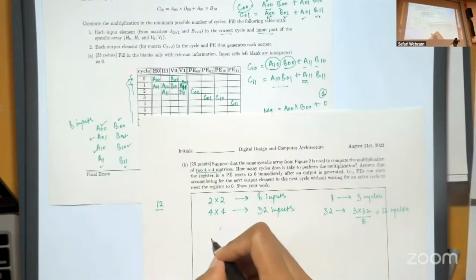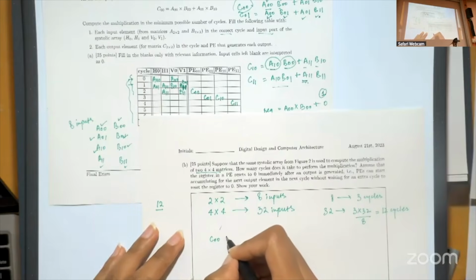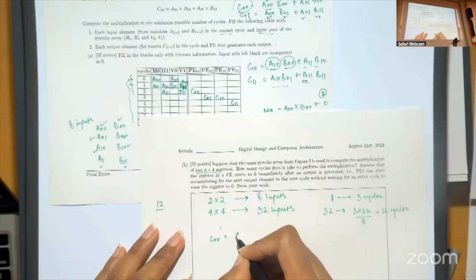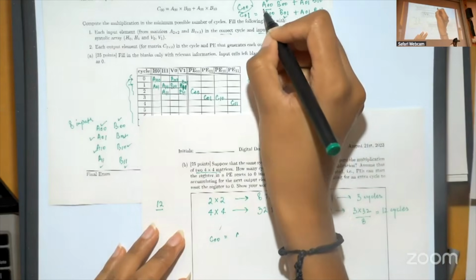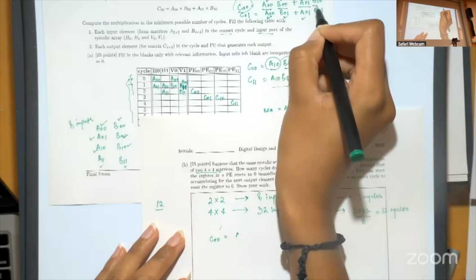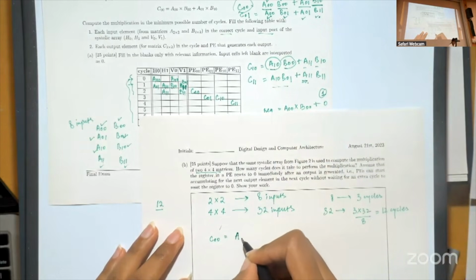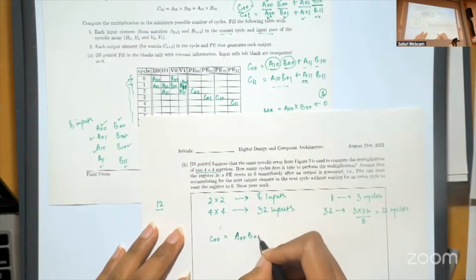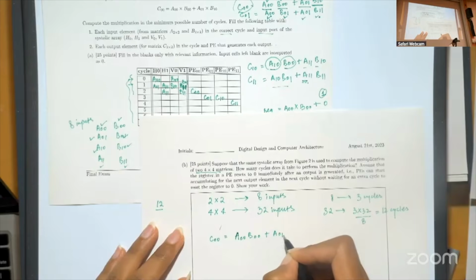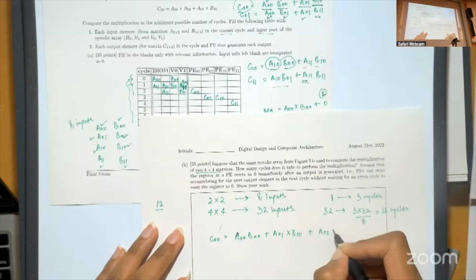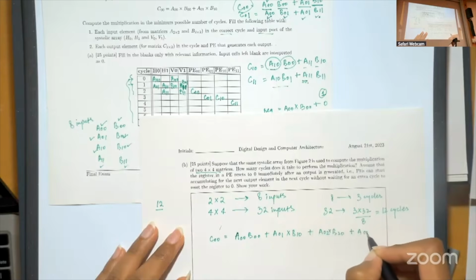Now, when you had to calculate, let's say C00, you had 4 input elements required. But now, since it is a 4x4 matrix, you will need 8 elements. I can write it: A00 B00 plus A01 B10 plus A02 B20 plus A03 B30.